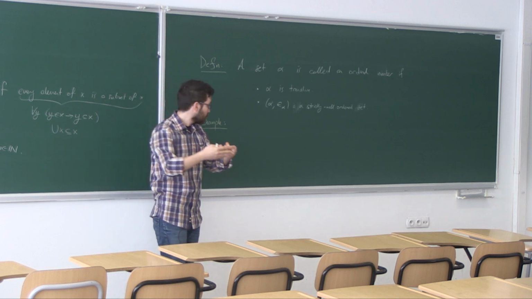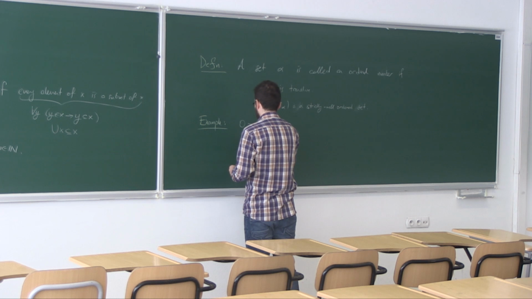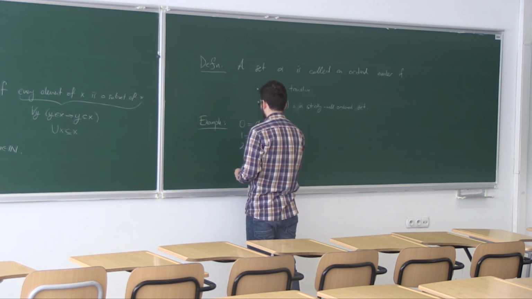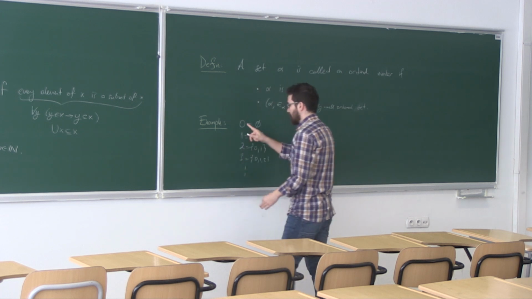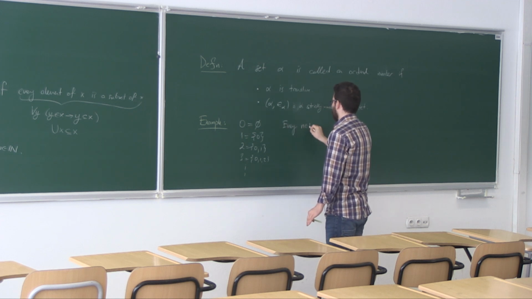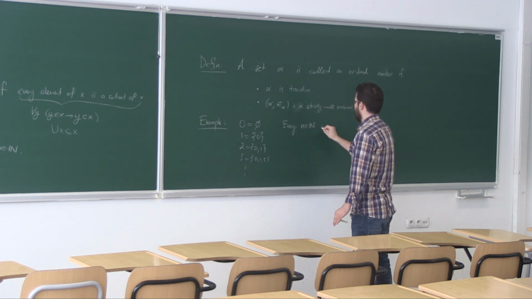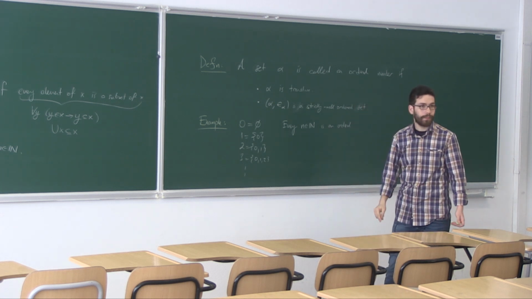So if you combine those two exercises, you will realize that the natural numbers are ordinals. So these are some ordinals. Every natural number is an ordinal, okay?